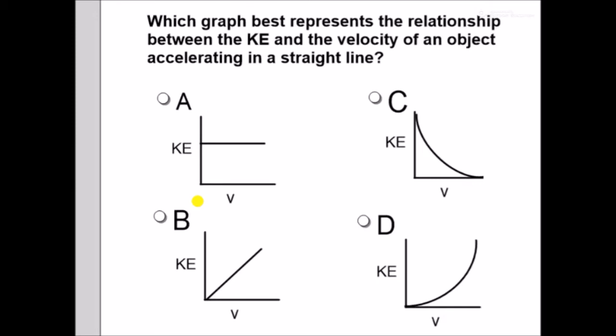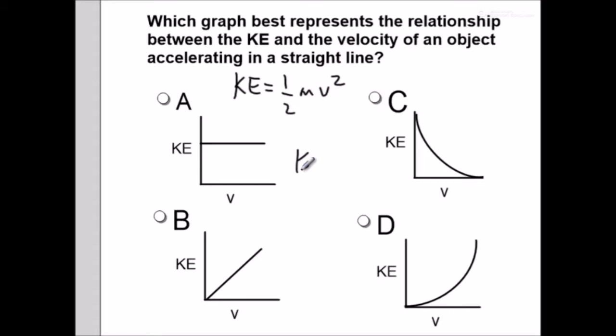So first we will write down the formula which shows the relationship between kinetic energy and velocity. The kinetic energy is half mv square. That means my kinetic energy is directly proportional to the mass of the object, as well as directly proportional to the v square value, the square of the velocity.